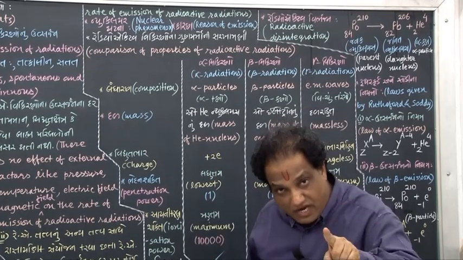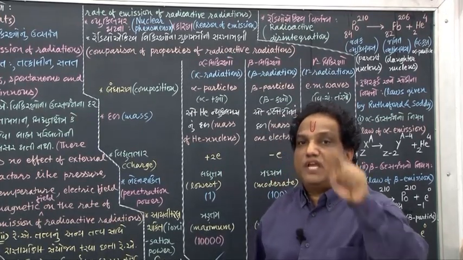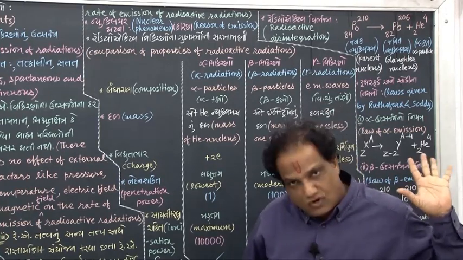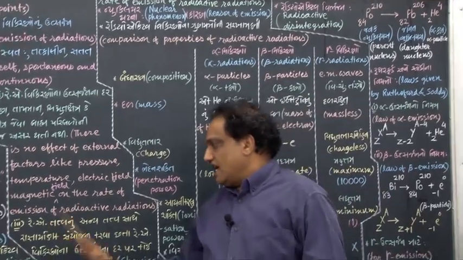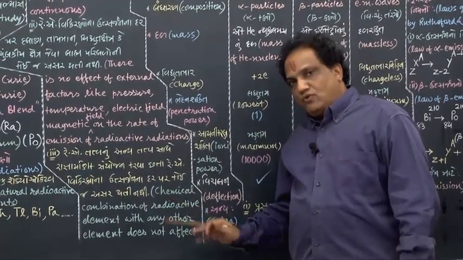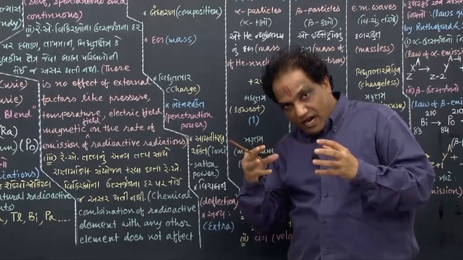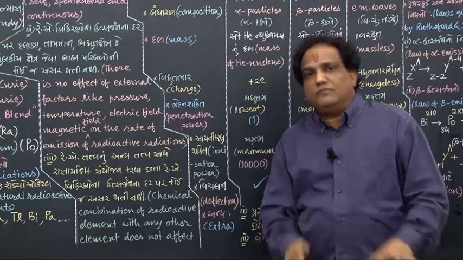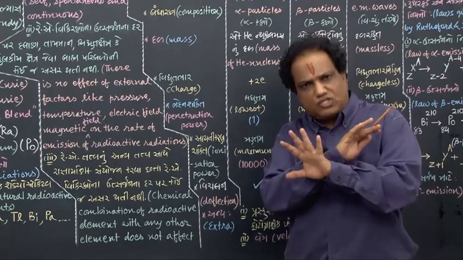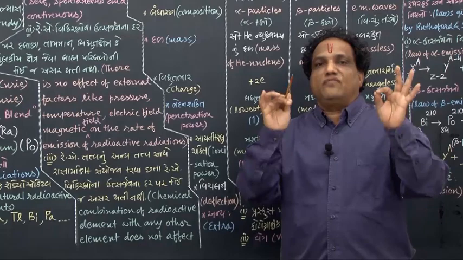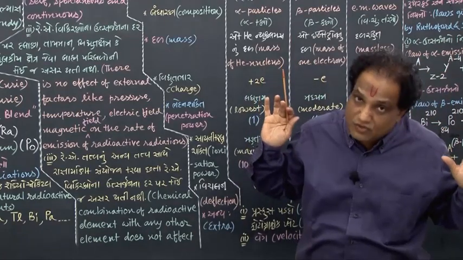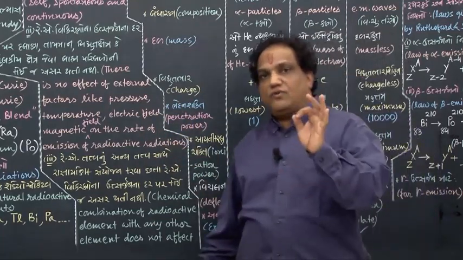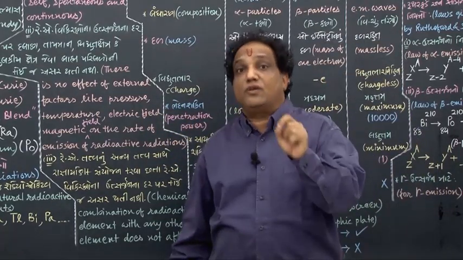And last point, even if you combine a given radioactive element chemically with any other substance, that combination does not affect the rate of emission of radioactive radiations. So these are the noteworthy points regarding natural radioactivity and radioactive radiations.